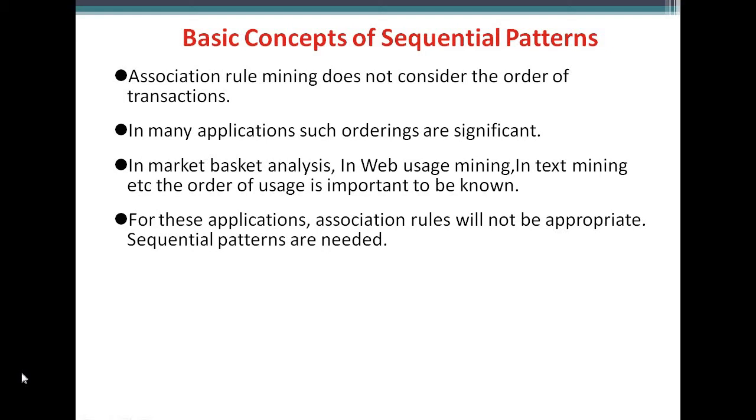Here there are certain areas where this sequence has its own importance in finding the association rules. So in this particular concept, we are finding sequential patterns, not simply association rules, but sequential patterns for market basket analysis, web usage mining and text mining, everything where the order also has importance.